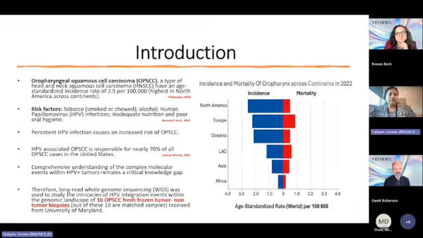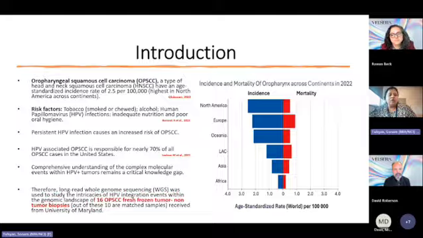Giving a brief introduction of the cancer, head and neck squamous cell carcinoma is the 6th most common cancer in the world. Oropharyngeal squamous cell carcinoma, which is a type of head and neck squamous cell carcinoma, has an age-standardized incidence rate of 2.5 per 100,000, which is one of the highest in North America across continents. Several risk factors are associated with OPSCC etiopathogenesis.